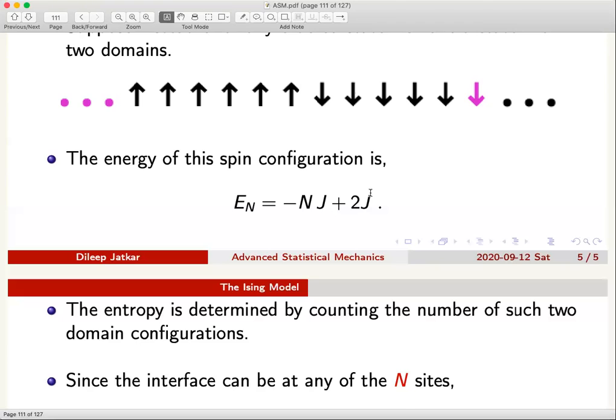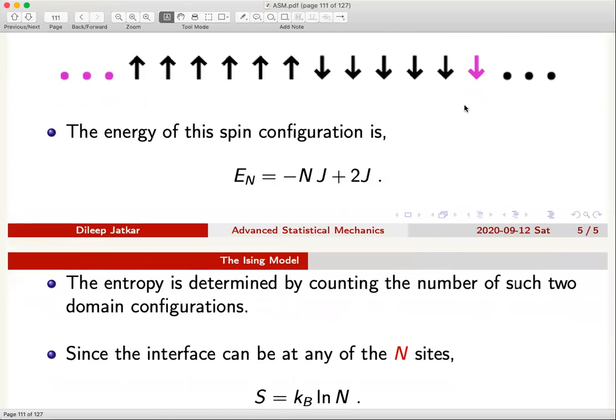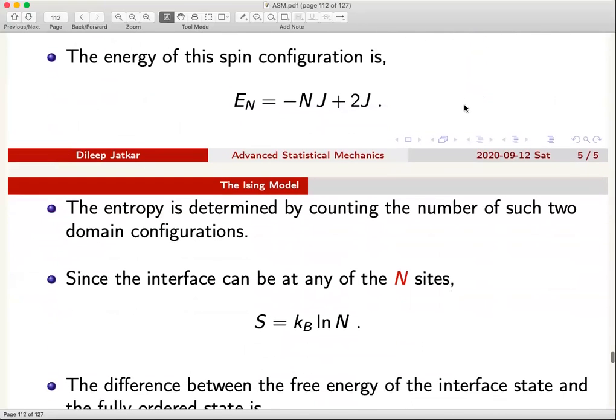So the location of this interface, even with open boundary condition, could be between any of the neighboring sites. If the total number of sites is n, there are n possible locations for the interface. That number may be n minus 1, but that small change is not important; in the large n limit, it is really n.